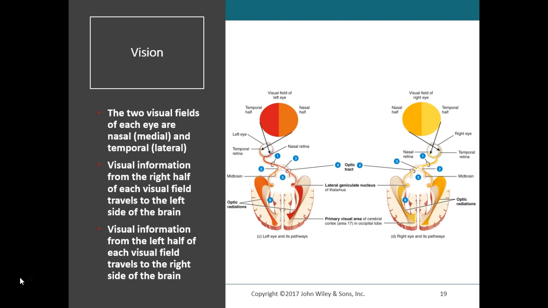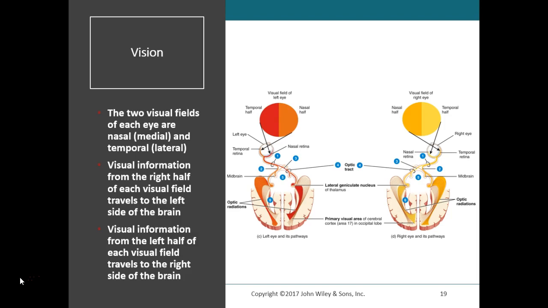The visual field of each eye is divided into two regions: the nasal or central half, toward the nose, and the temporal or peripheral half, toward the sides. Vision from the right half of each visual field is conveyed to the left side of the brain, and visual information from the left half of each visual field is conveyed to the right side of the brain.